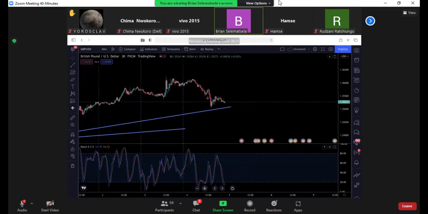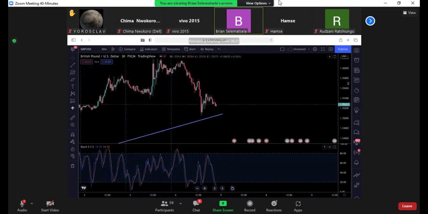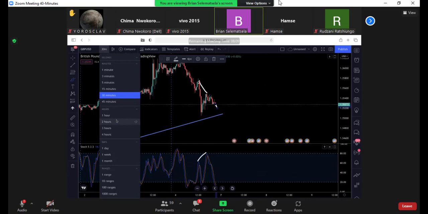I mean, even if the market hasn't broken, you can still see divergence that was very much clear. The market started going down. So when you go to 1 hour, you should be able to see that the stochastic is crossed to the downside from there.